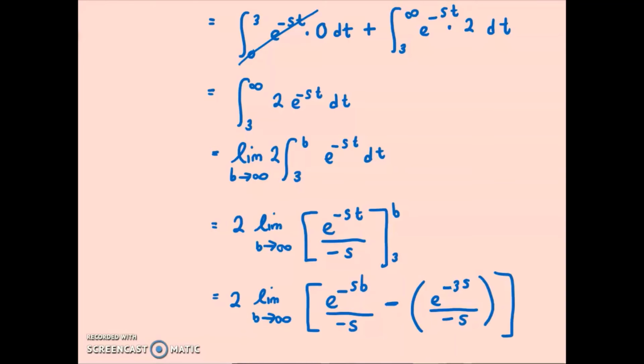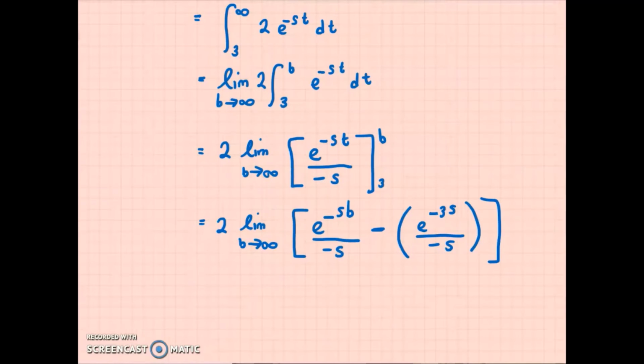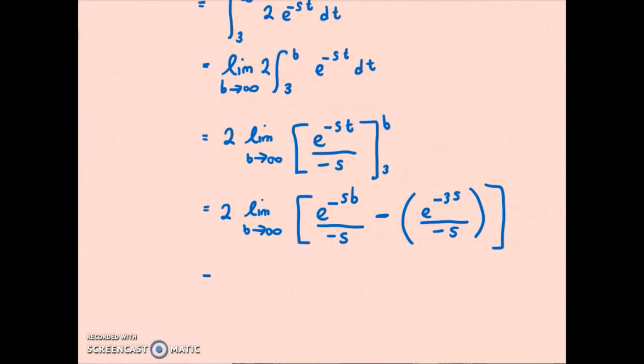Okay, now we have to apply the limit and we should be done. So let's see what we get. The solution is, when b approaches infinity, this term tends to 0. But there's no b here, so that gives me 2. I'm taking the limit, so I don't have to write the limit anymore because I already applied it.